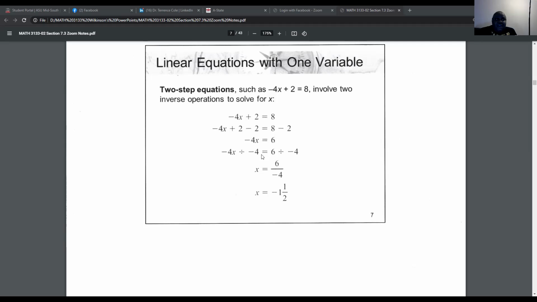So that means we're going to have negative 4x is equal to 6. And then we're going to divide both sides by negative 4. That's the opposite of multiplication. You'll get x equals 6 over negative 4. And if you write that as a mixed number, it will be negative 1 and 1/2.